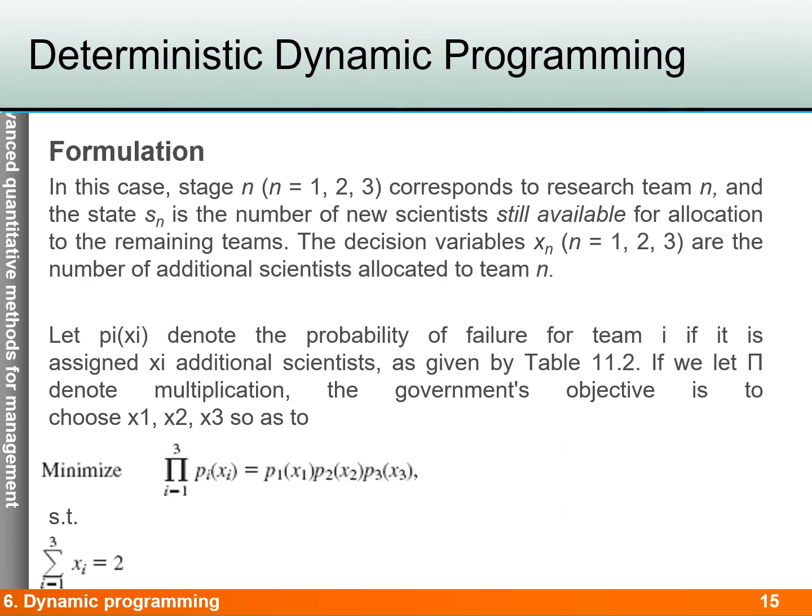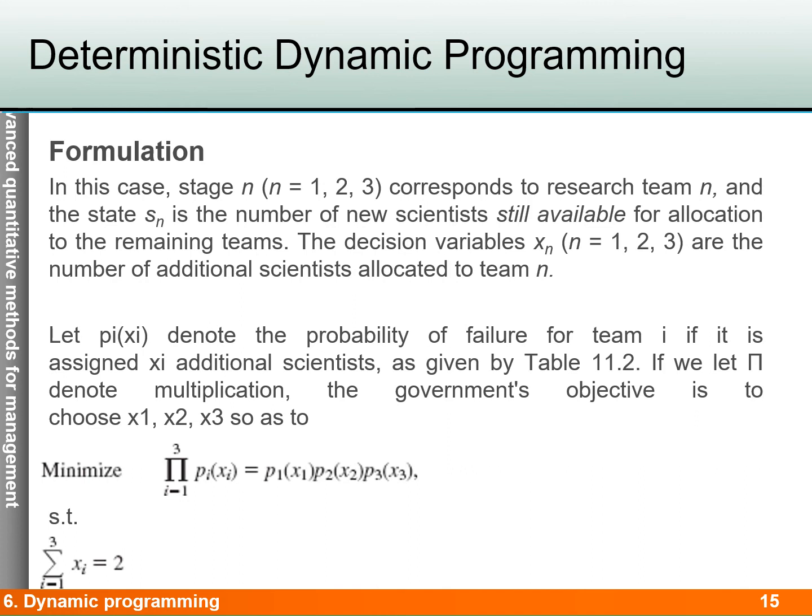In the case of this example 3, stages n, n = 1, 2, and 3 correspond to research team n, and the state Sn is the number of new scientists available for allocation to the remaining teams. So the decision variables are xn when n is equal to 1, 2, 3.